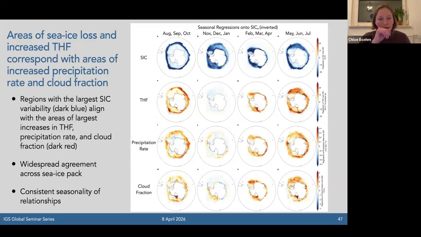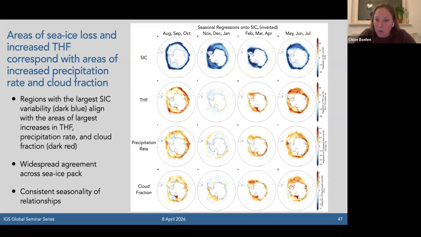And we can expand this and do again the regressions of precipitation and cloud fraction onto sea ice concentration. We see again widespread increases in precipitation and clouds as a result of sea ice loss, with the main impacts occurring during winter and much smaller impacts during the summer. And I think we see widespread agreement with this.